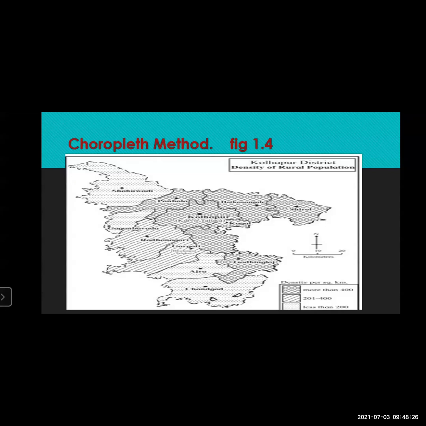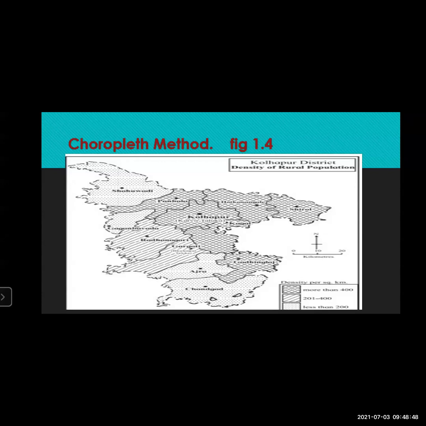So let's start it. Before doing the exercise of any map, it is always important that you should read and study the map. Here in front of you is the map of Kolhapur district. The title of the map is the Kolhapur district density of rural population.